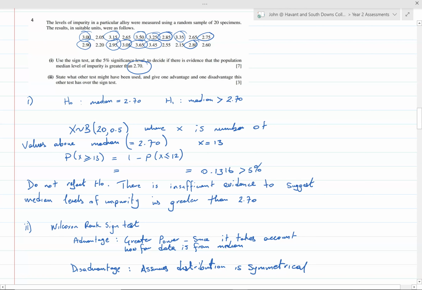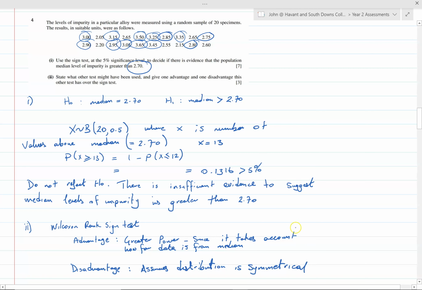They test for the median. However, as we've mentioned before, the Wilcoxon assumes the distribution is symmetrical. So that's a disadvantage, because that might not be a reasonable assumption.